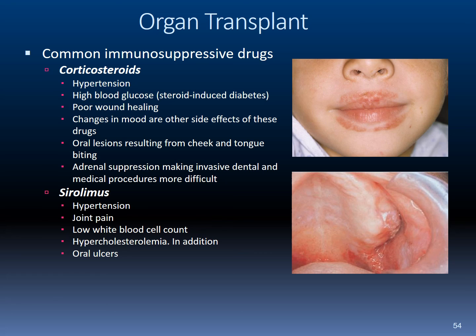They also change the mood of the patient and bring about oral lesions around the cheek and the tongue and around the lips. Adrenal suppressive drugs make invasive dental surgery or treatment very difficult. Other situations with these patients develop oral ulcers and joint pain.